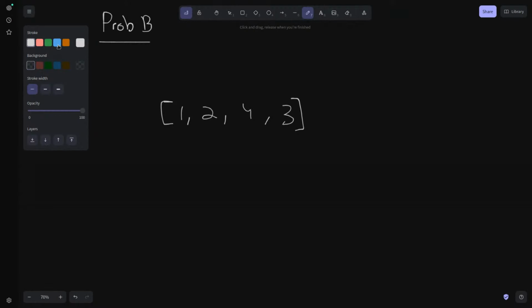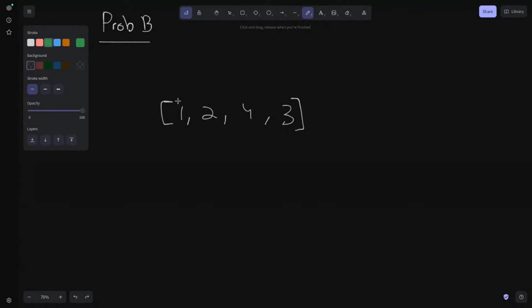What we need to do is choose a strictly increasing portion. Like, for example, as you can see, this portion is strictly increasing, and then we need to choose a strictly decreasing portion. In this case, since we've already chosen 1 to 4, then the only remaining element is 3. So that is our strictly decreasing portion, right?